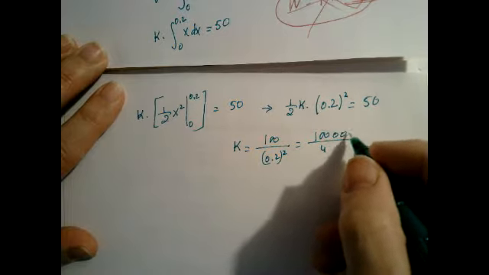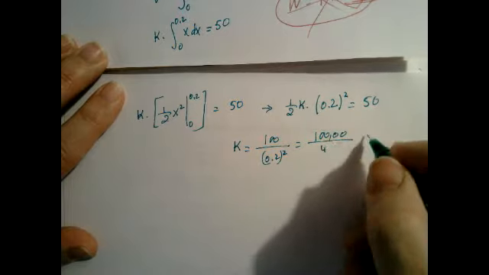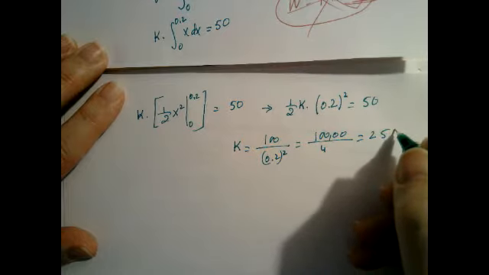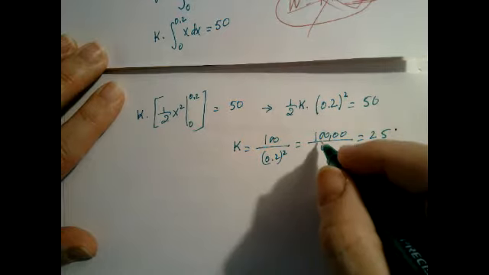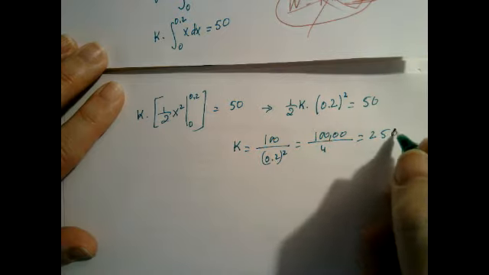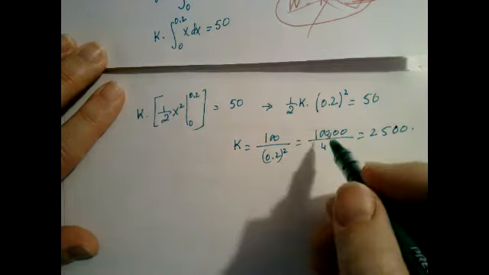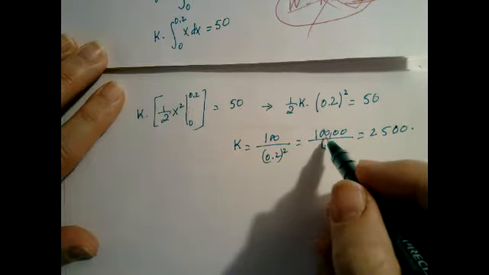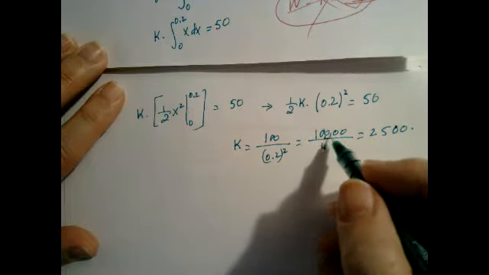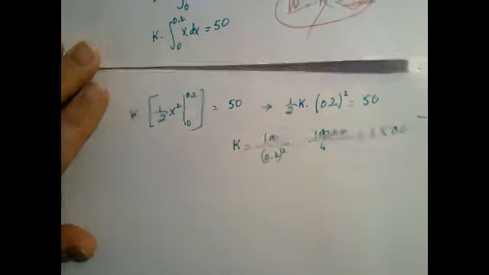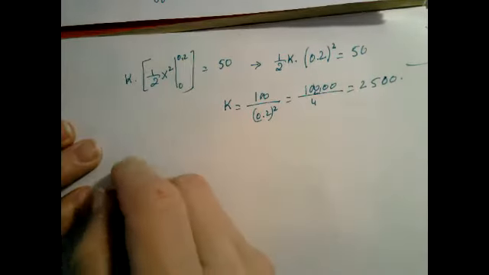So if I do that, it's going to give me again 2000. Am I right? 10 is 2, that's right. 20 is 5. Am I right? Okay.